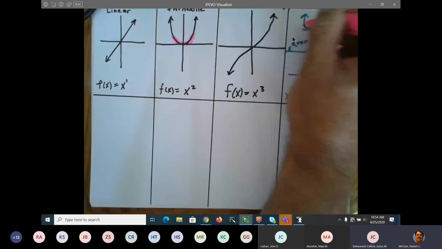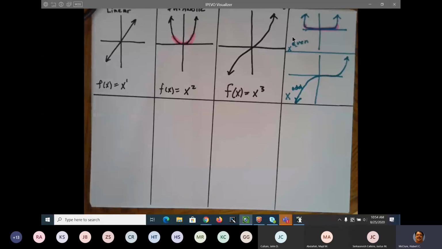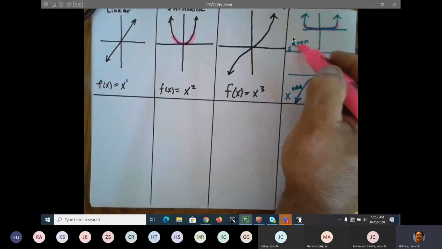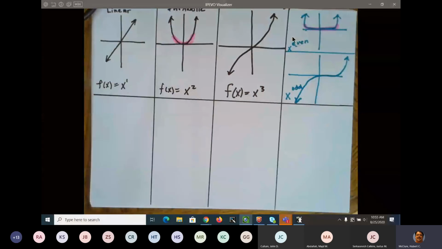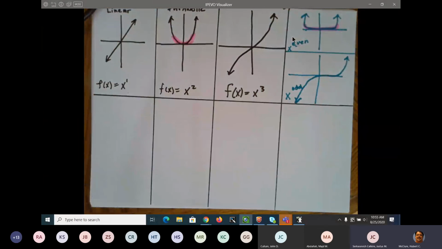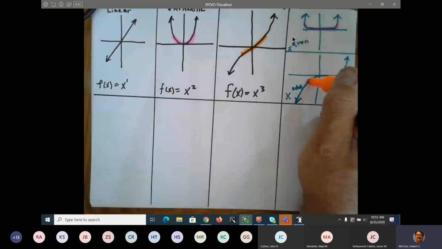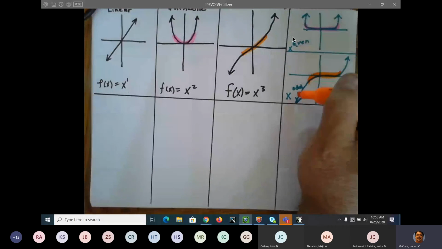The higher the exponent, the more that V is going to look like a U. It flattens out and corners out the higher the exponent goes: x to the 6th, x to the 8th, x to the 12th, x to the 16th. Whereas this one, I'll use the orange highlighter. This area right here is the area that is influenced by the odd exponent increasing.